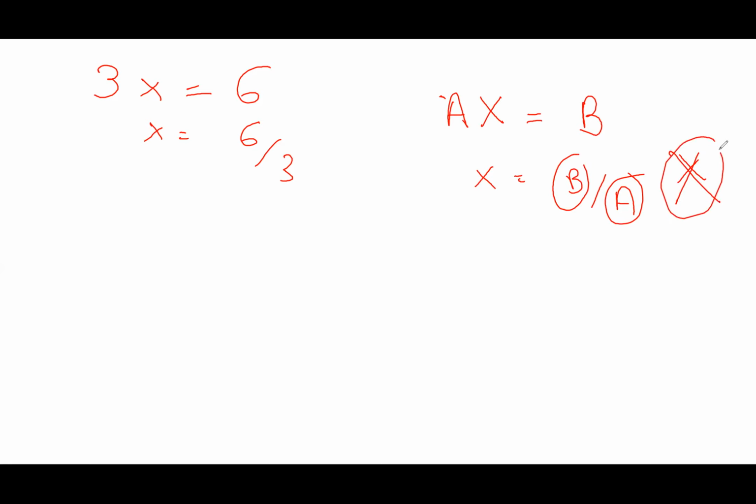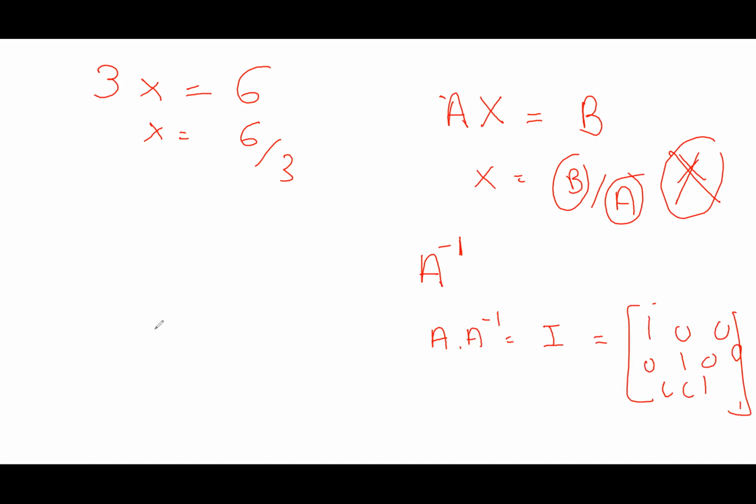What is possible is that you have something called the inverse of a matrix. It is denoted by A to the power minus 1. The property of an inverse of a matrix is that A times A inverse will give you the identity matrix. Identity matrix is 1, 1, 1, 1 on the diagonal, and everything else is 0, 0, 0, 0.